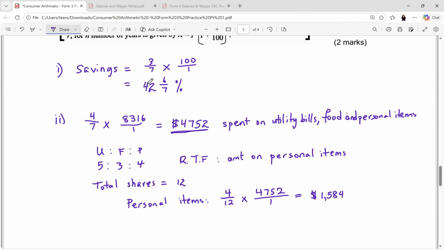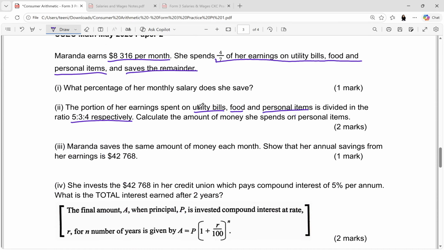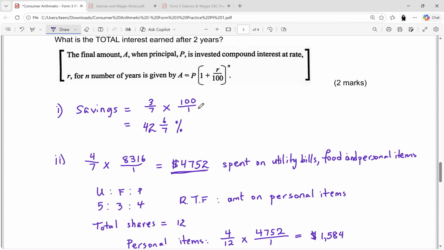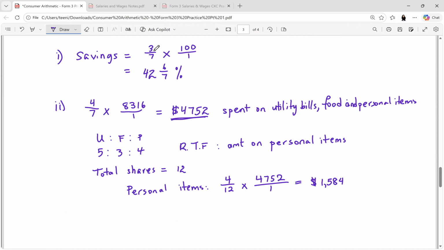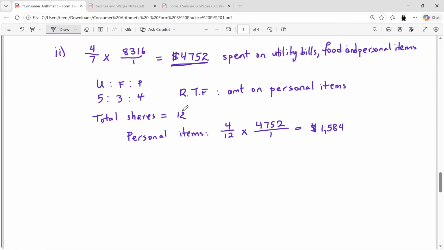We could either find 42 and 6/7% of the $8,316 per month, or we could just find 3/7, which might be easier. Or we could take away the amount spent on utility bills, food and personal items from 8,316. So you have all those different ways to find out how much she saves, right?